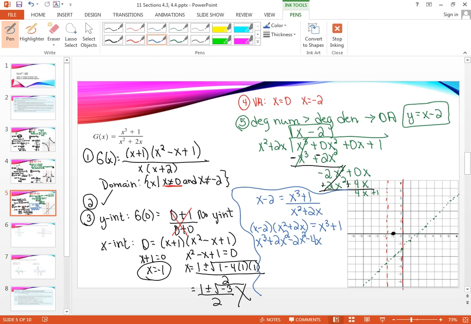X times x squared is x to the third. X times 2x is 2x squared. Negative 2 times x squared is negative 2x squared. And negative 2 times 2x is negative 4x. Okay. Equals x to the third plus 1.